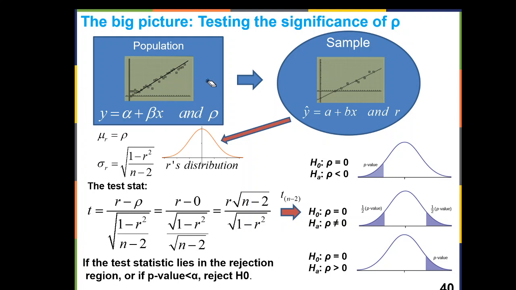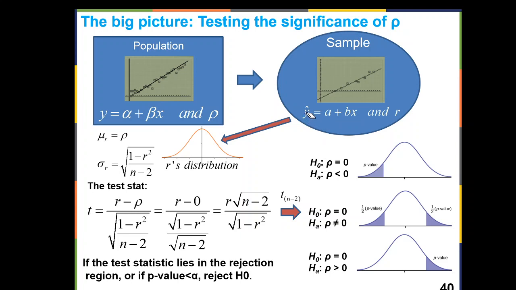What do we do? Take a sample, and then from the sample, we learned in the previous video how to find R and how to find the line of best fit, or the linear regression equation.